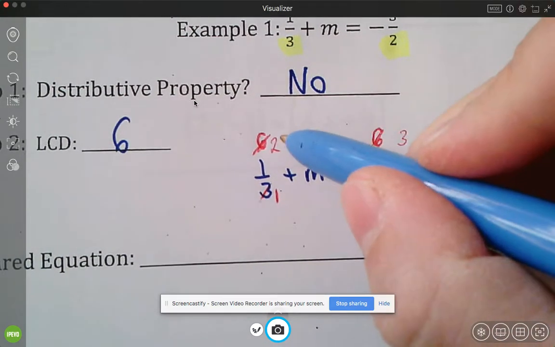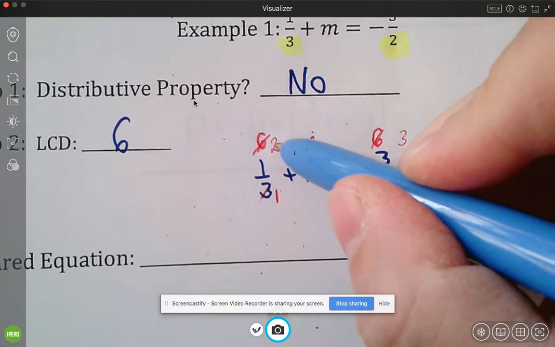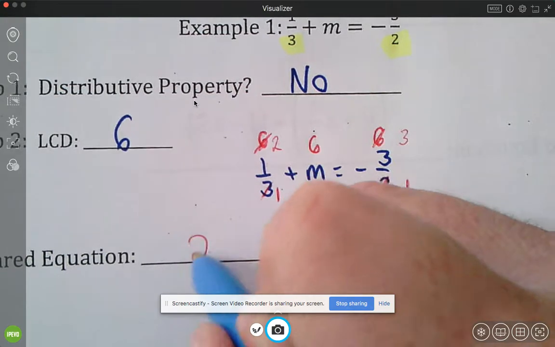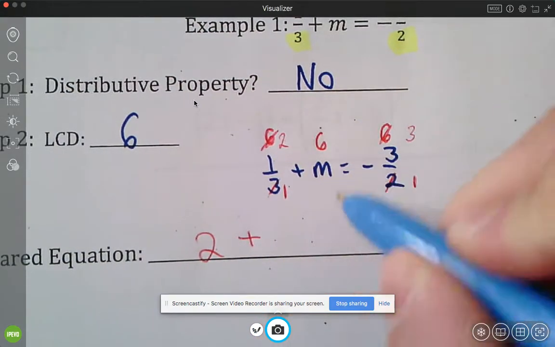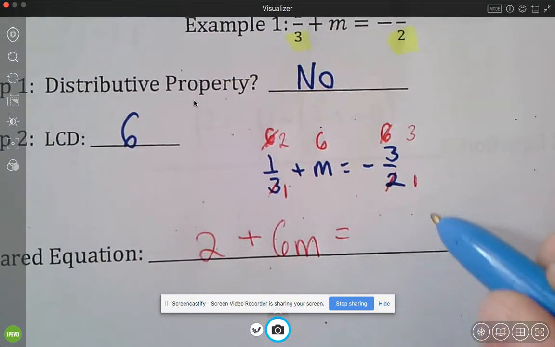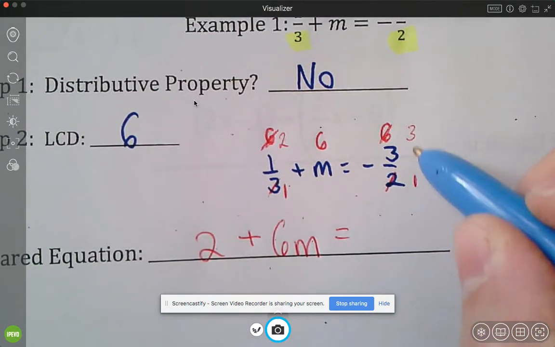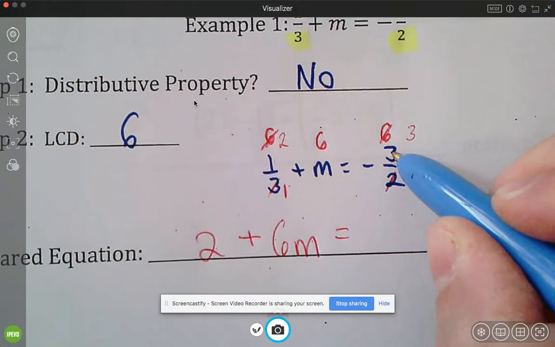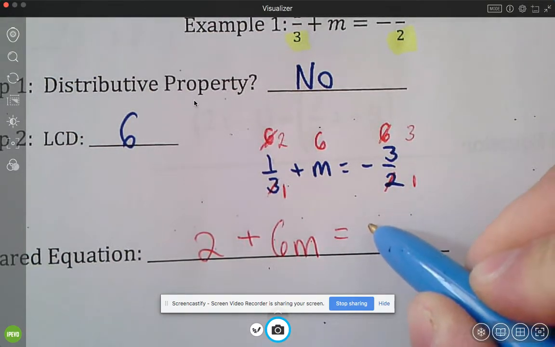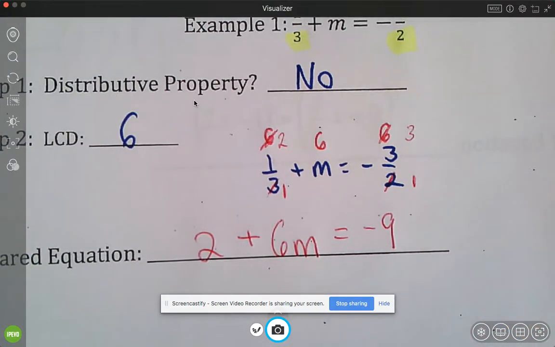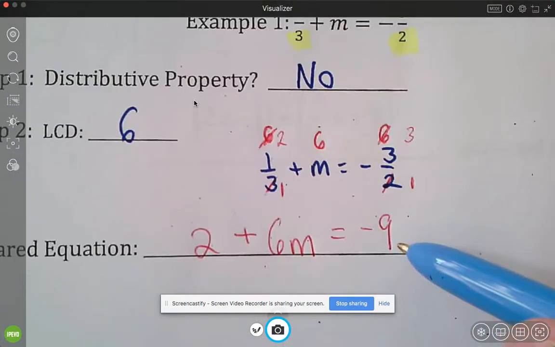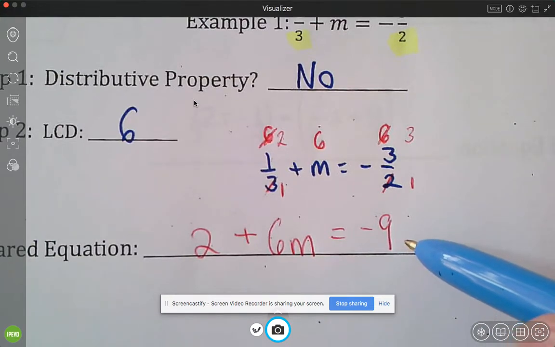So now 2 times 1 is 2, divided by 1 is just 2, plus 6 times m would be 6m, equals 3 times 3 is 9, but it's -9, and then over 1 would just be -9. So that is this same equation written here in a clear fraction form.